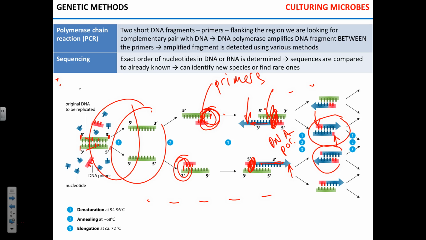You move to another machine, push the button, and it goes. So it's a high throughput method. It allows you to analyze a huge amount of samples in a fairly short period of time. And it's relatively cheap. We talk about several dollars per sample.